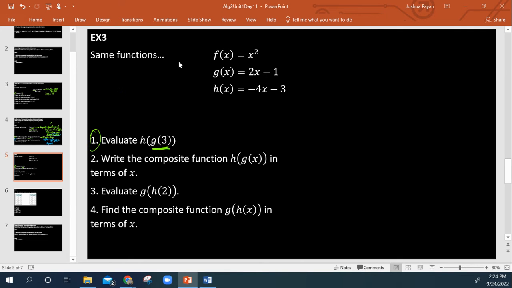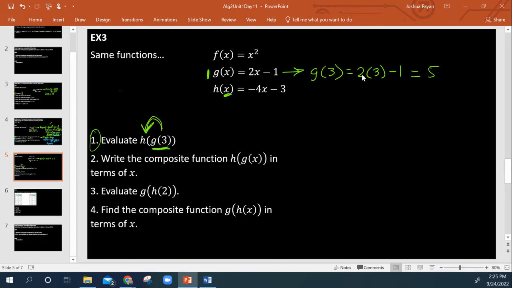Let's calculate g of 3, and then we're going to take that and plug it into h as soon as we find it. So g of 3 is going to be 2 times x minus 1, so 6 minus 1 is 5. Now I'm going to take this 5 and put it into h of x.